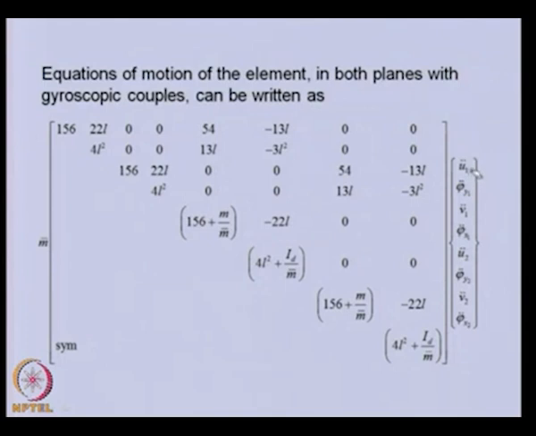In this, the first 4 correspond to node 1. The first 2 are for horizontal displacement, and these are for the vertical displacement at node 1. Similarly, here for node 2, horizontal displacement, vertical displacement. Accordingly, the positions of these mass matrices which we developed earlier will change.